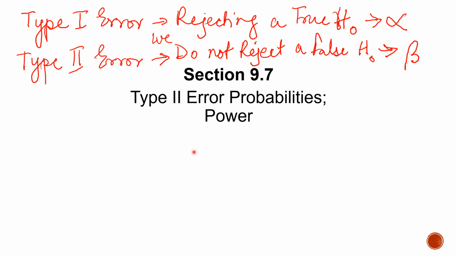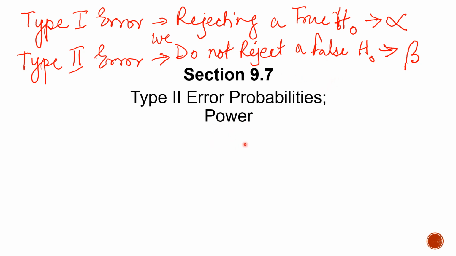Now, in this section, we are going to learn how to find beta. That means how to find the probability of not rejecting a false null hypothesis. What would be the probability of not rejecting a false null hypothesis?